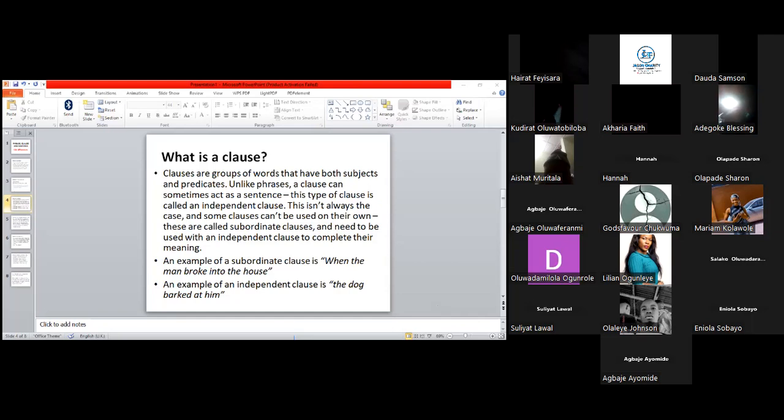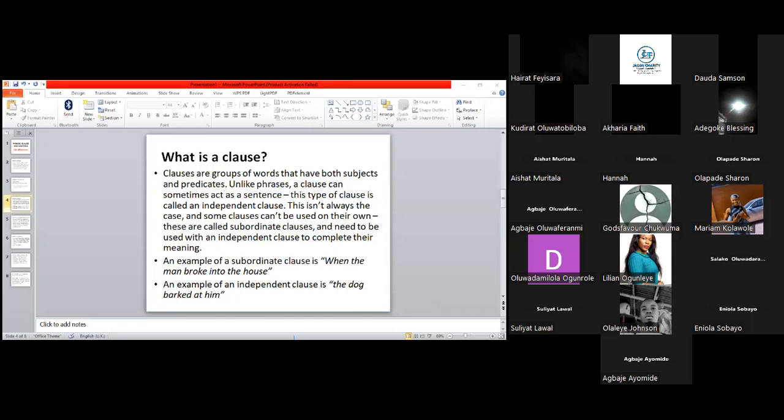The only type of clause that it can depend on is an independent clause. To make this clearer, an independent clause can also be called a main clause, and a dependent clause can also be called a subordinate clause. So it is either an independent and a dependent clause, or a main clause and a subordinate clause. That is how you differentiate them.